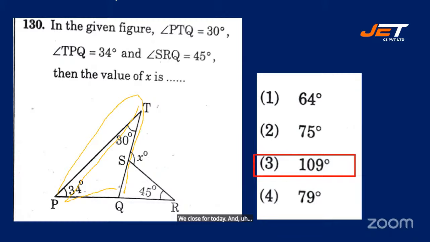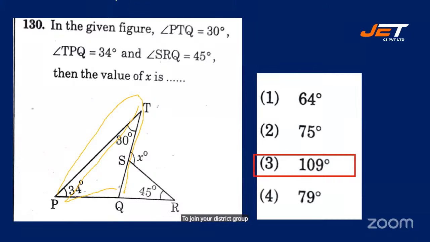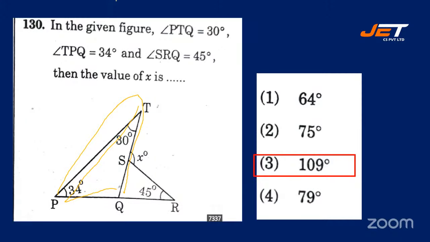The announcements that were already made, let me do them quickly. From tomorrow, we'll have morning revision classes for NMMS. Links will be posted in the district NMMS group. To join your district group, you just have to send NMMS followed by your district name to 733-728-5228. Just note down the number.